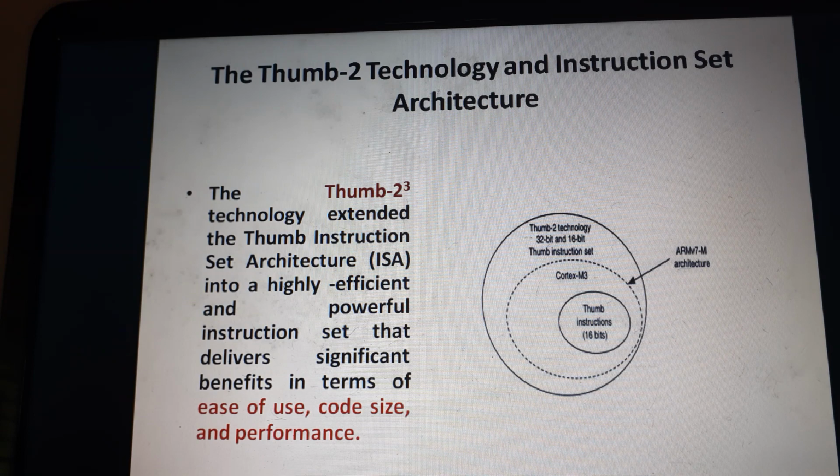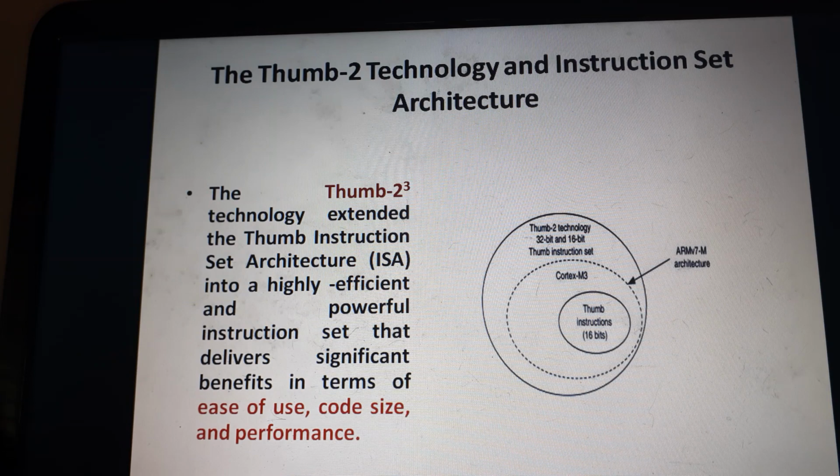If you compare the Thumb instruction set with the ARM instruction set, Thumb instructions require less memory.